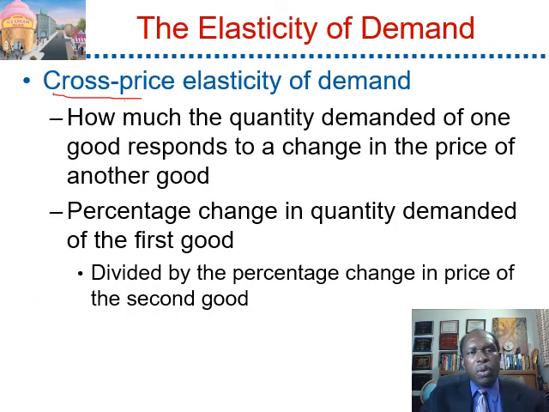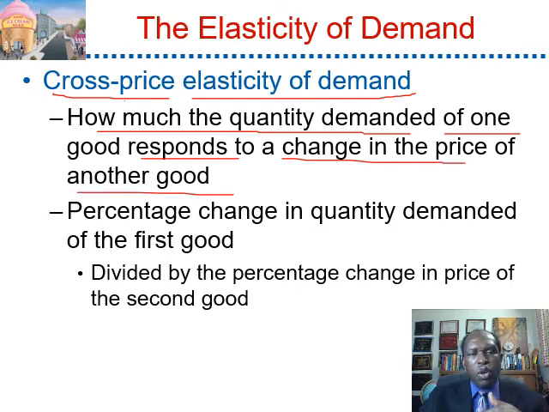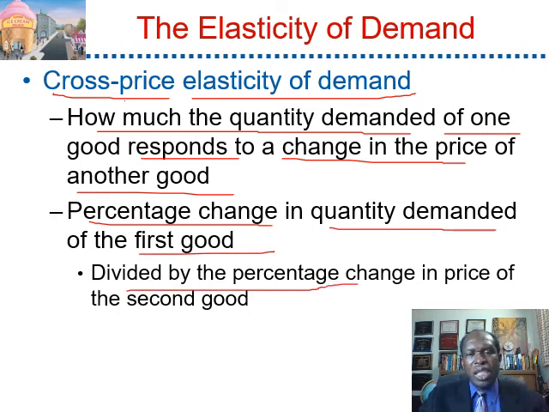Cross-price elasticity of demand is defined as how much the quantity demanded of one good responds to a change in the price of another good. It is computed by taking the percentage change in the quantity demanded of the first good divided by the percentage change in price of the second good.